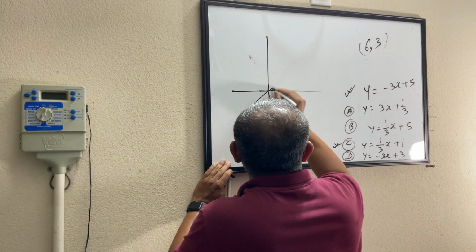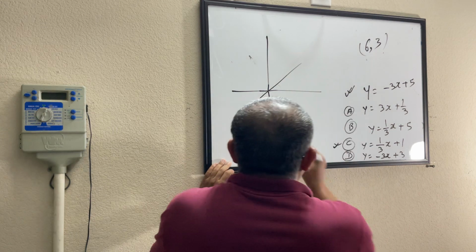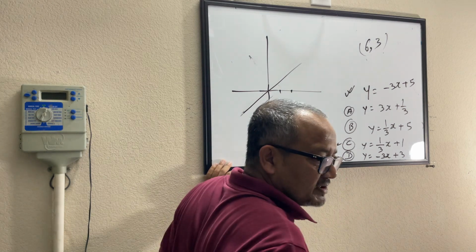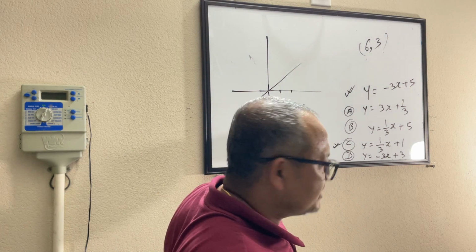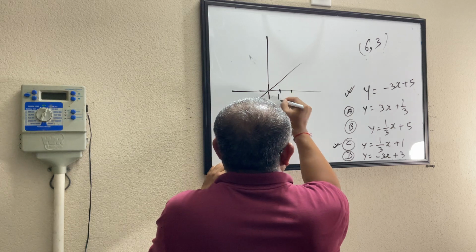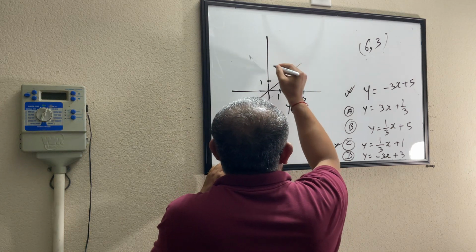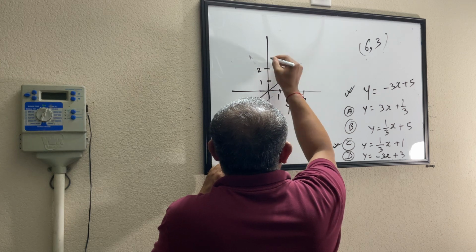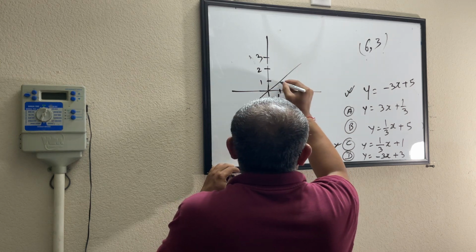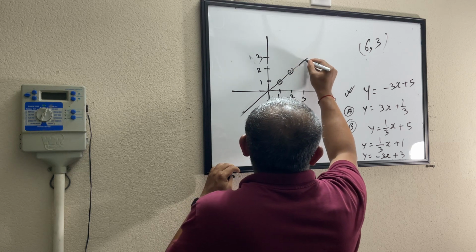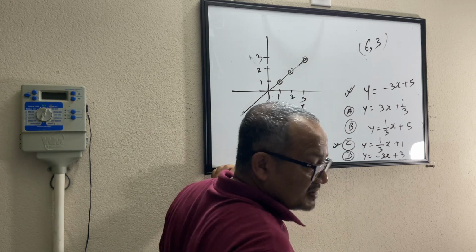I'm saying this is my line, y equal to x. This is a linear equation. When x is 1, y is 1; 2, 2; 3, 3.